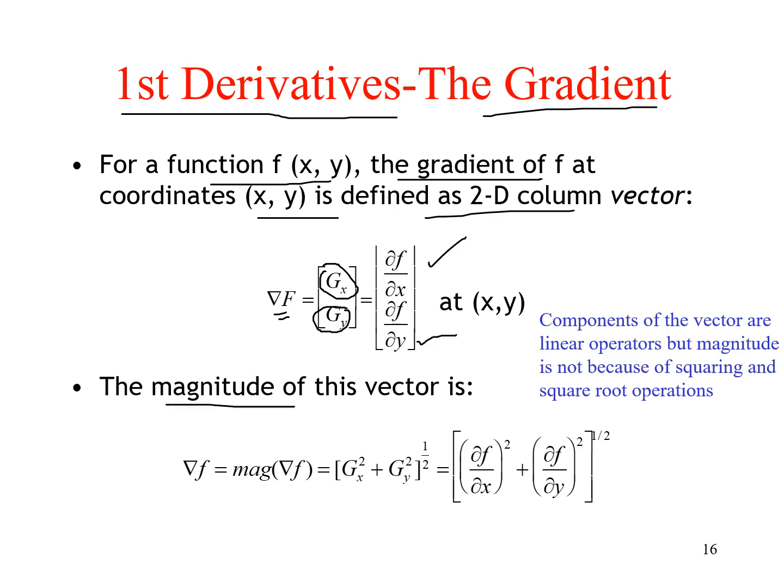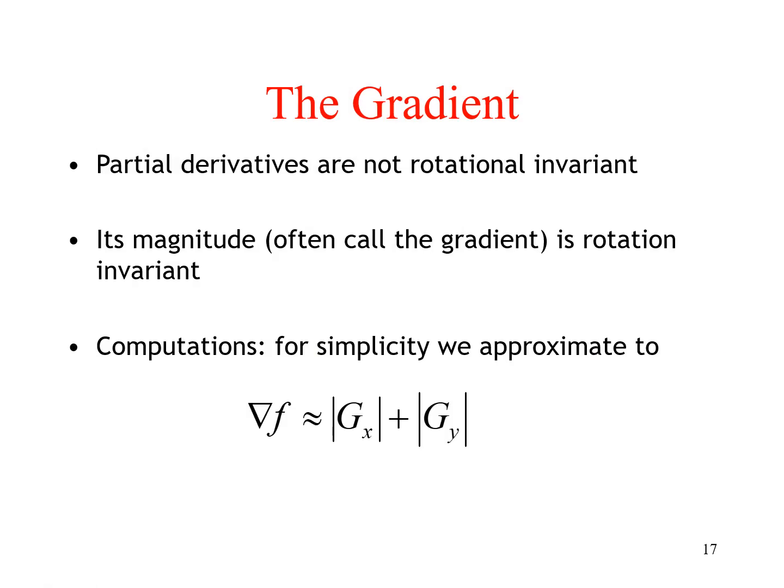The magnitude of this vector is given by the square root of gx squared plus gy squared, and you can substitute this here to get the magnitude. Similarly, you will get a phase angle also.